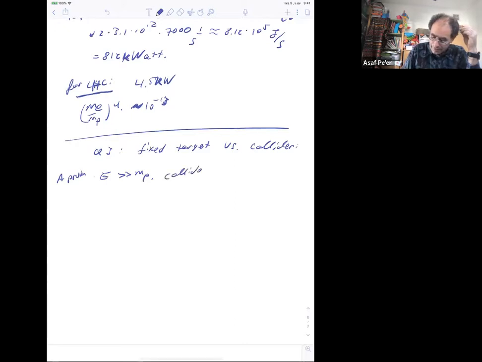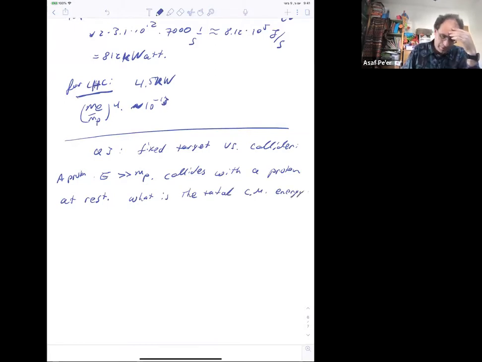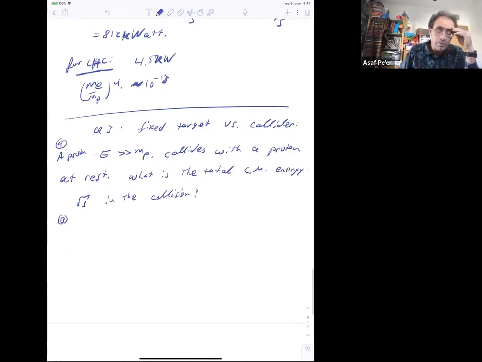Now, what is the total center of mass energy, square root of S, in the collision? And part B of the same question is compare the results with the results of two protons moving against each other, but with energy E/2.